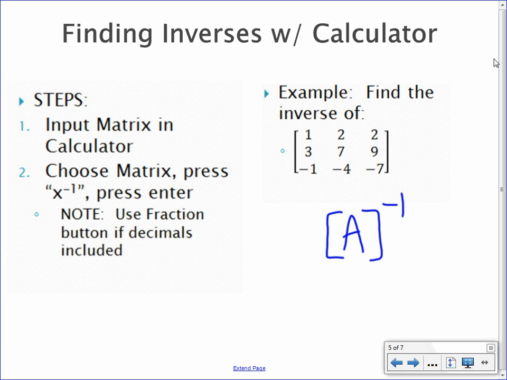The matrix button. Where is it? It's the button you press for second matrix. But you don't press it.